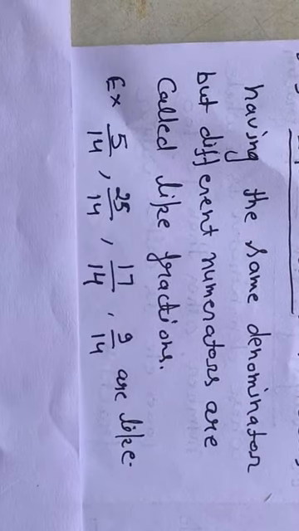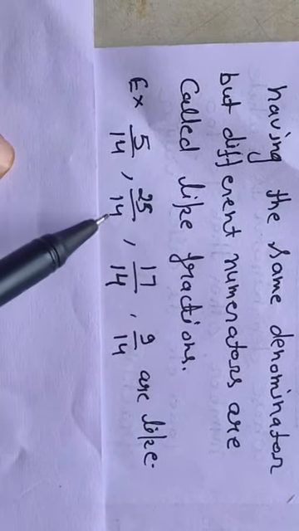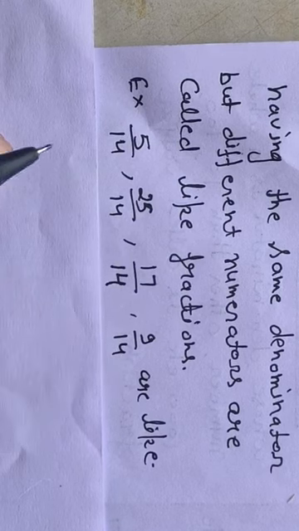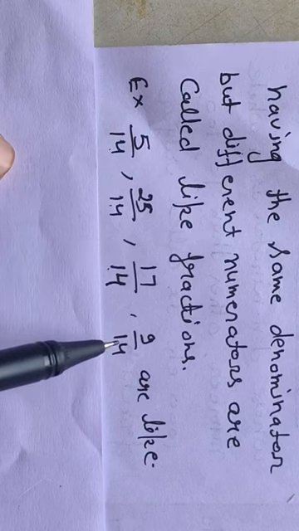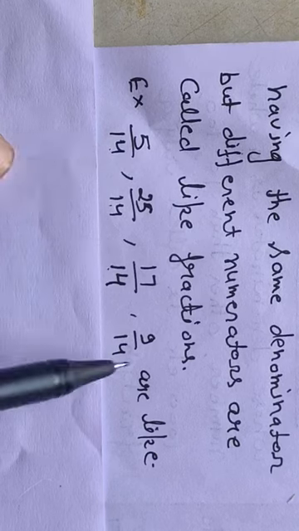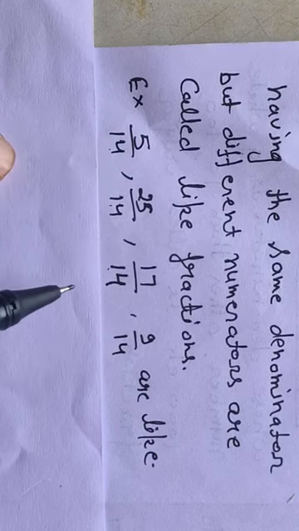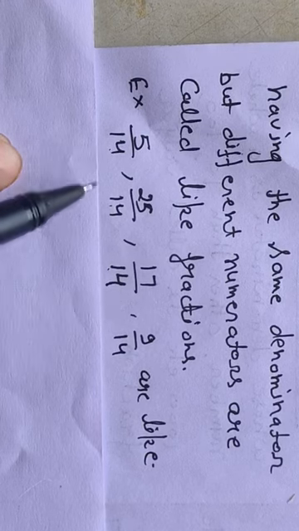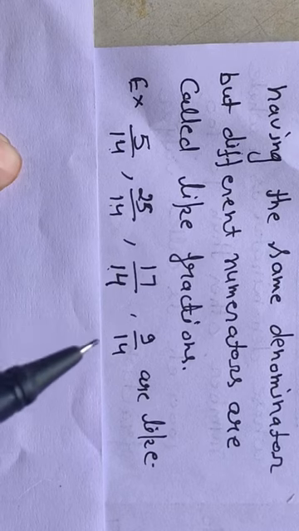For example, 5 upon 14, 25 upon 14, 17 upon 14, 9 upon 14. In all these fractions, the denominators are the same, equal to 14. If the denominator of all fractions is equal, then the fractions are called like fractions. If the denominators are different, then we will say they are unlike fractions.